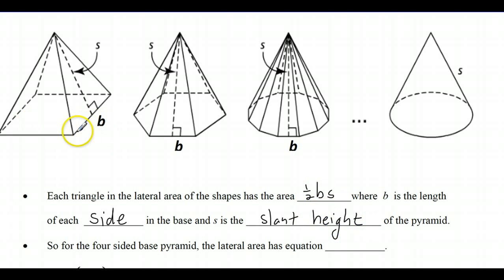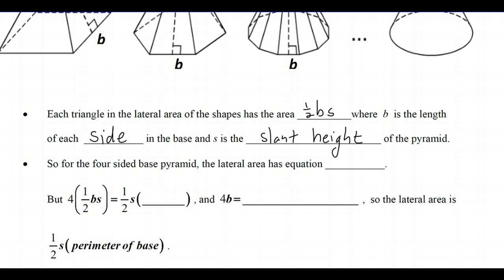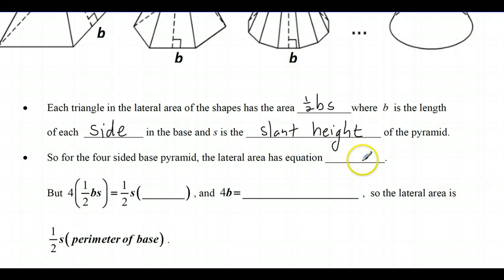These are regular, so in other words this is a square, this is a regular pentagon, and all of these slant heights are the same. So for the four-sided base pyramid, the lateral area is 4 times 1/2 base times slant height.